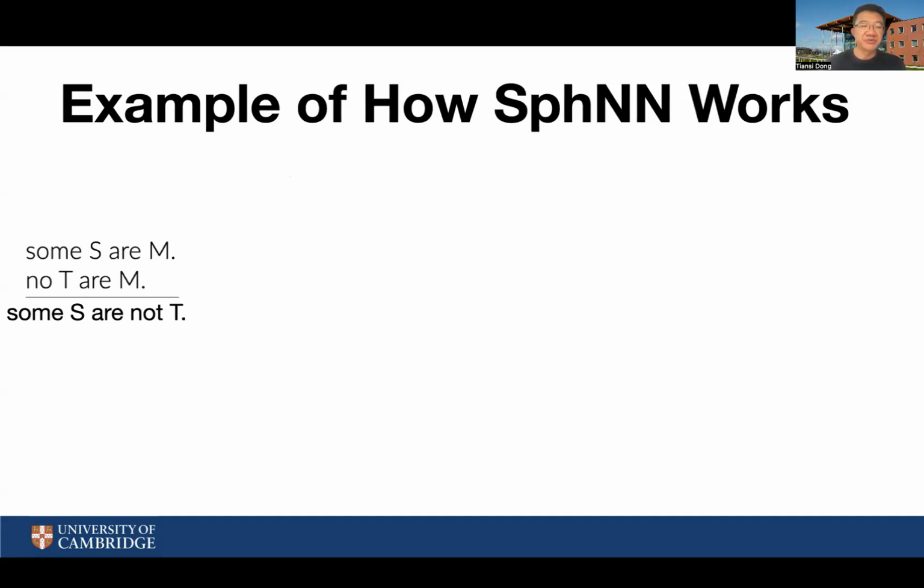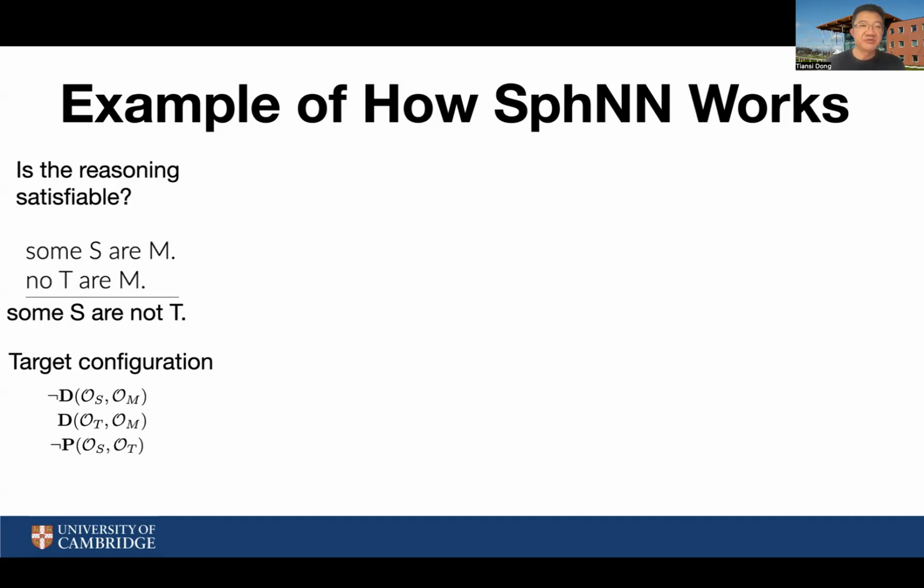Let's take an example. If we have two premises, some S are M, no T are M, and the conclusion is some S are not T. The question is whether this reasoning is satisfiable. The network first translates the syllogistic statements into spatial relations between spheres.